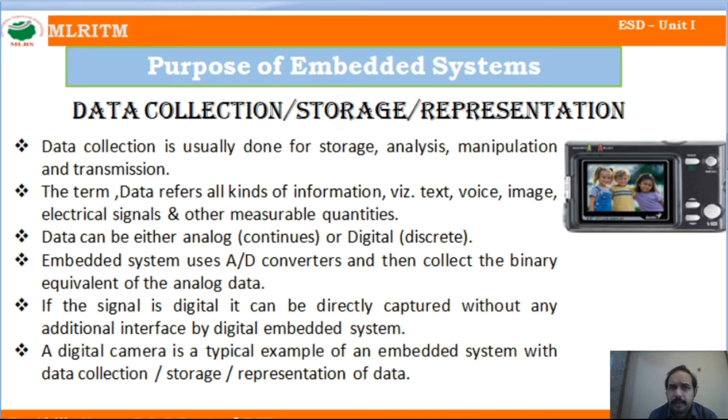We can't modify it. We can simply take a printout and place it on the wall. That's it. But if you have a soft copy, you can increase the complexion, increase the brightness, reduce the noise, add some background. Everything is possible using software like Photoshop, etc.